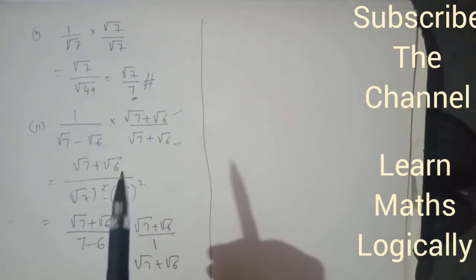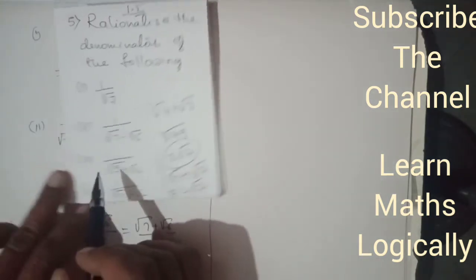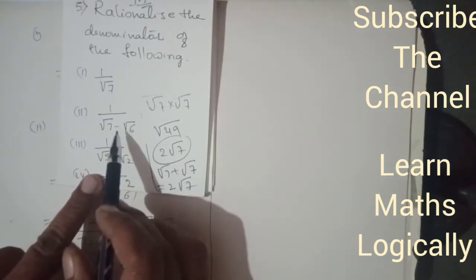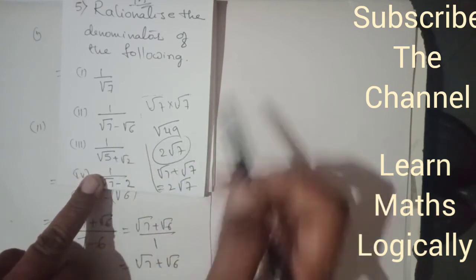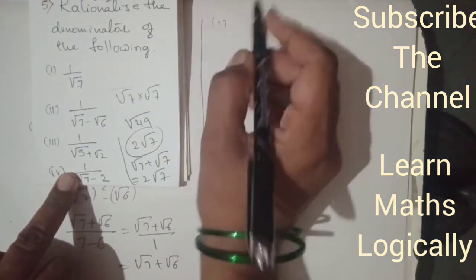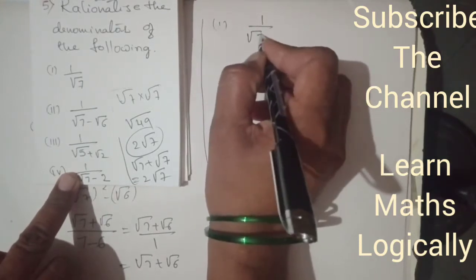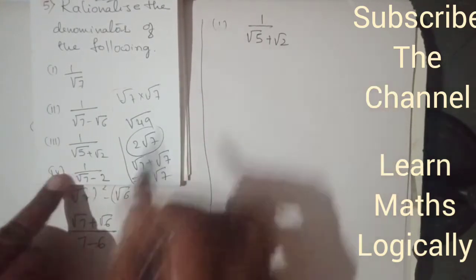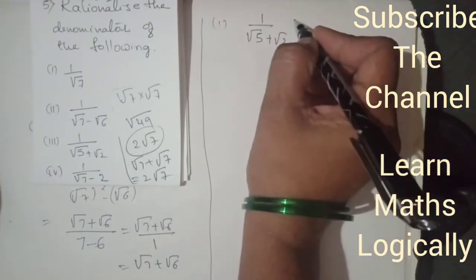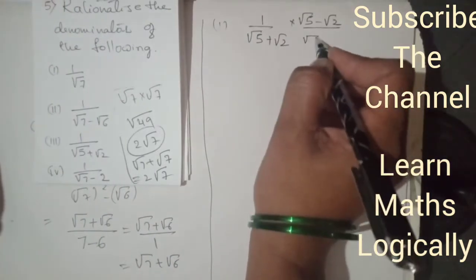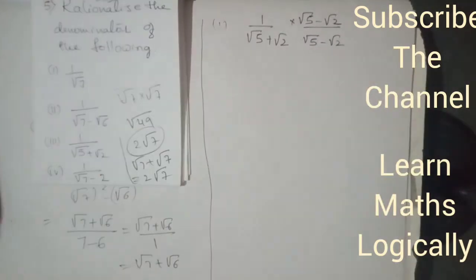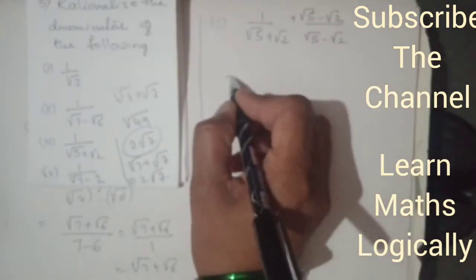Next we have the third one. It is similar to the second one, same method, same steps you are following. We have the question as 1 upon root 5 plus root 2. As usual, we multiply this by root 5 minus root 2, and here also root 5 minus root 2. So what do you get?